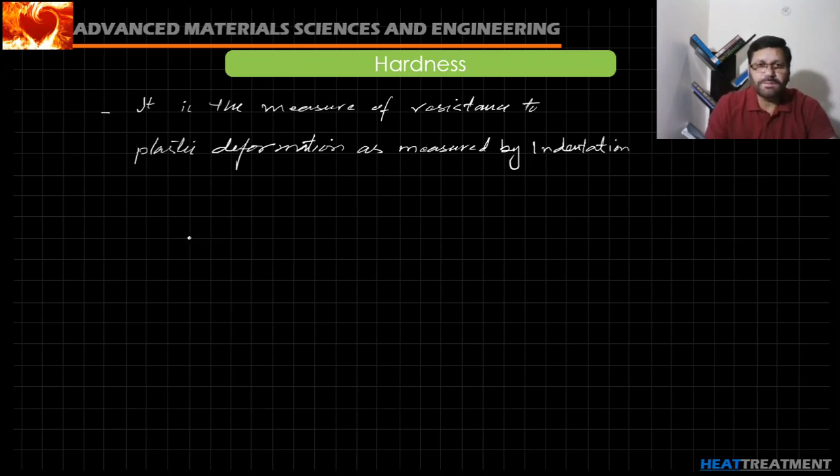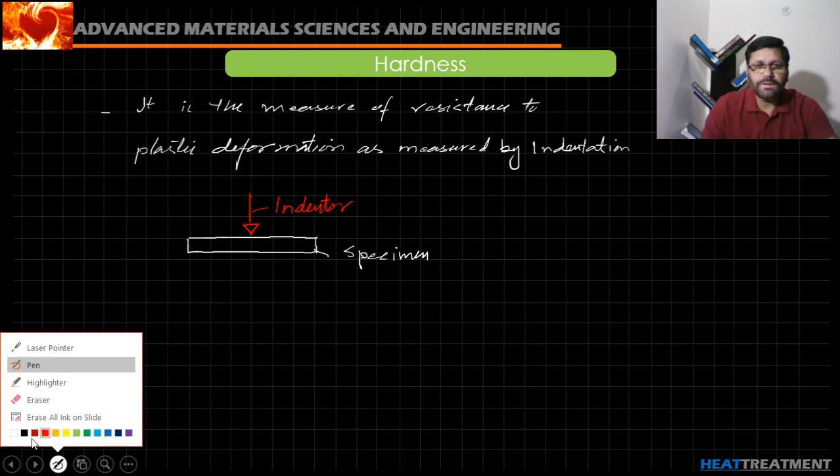Let's say we have a specimen for the hardness and we have an indenter. This is the indenter to measure the hardness of the material.